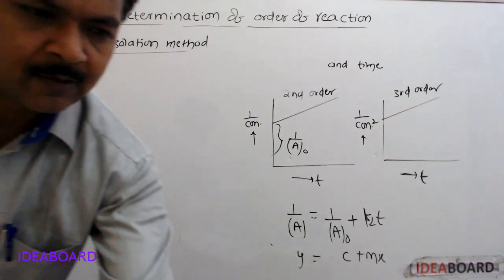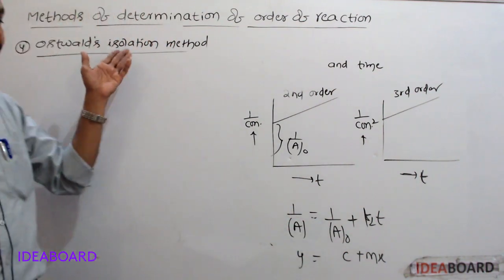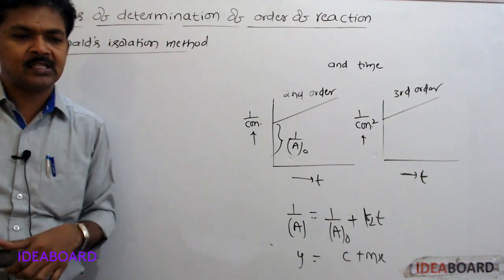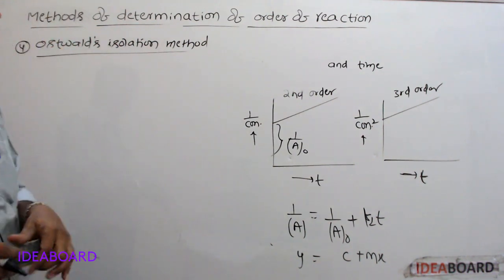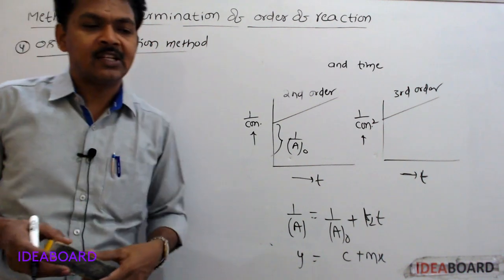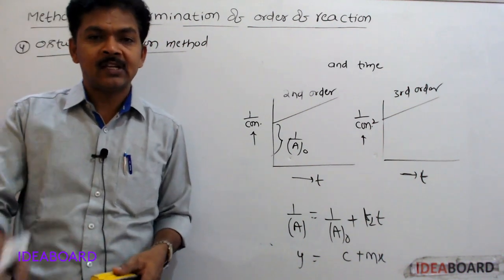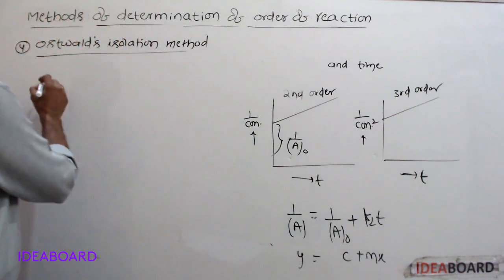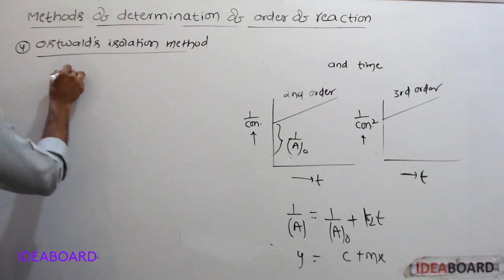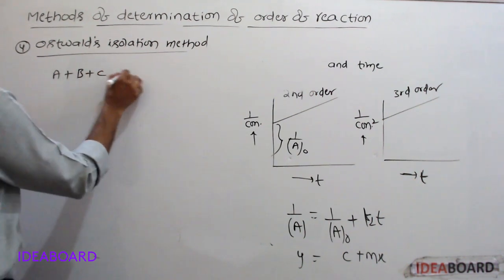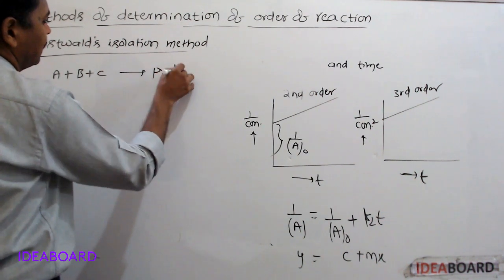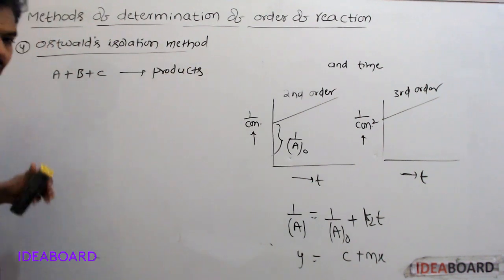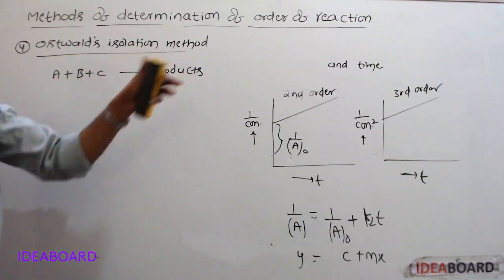In this method, the order of reaction with respect to each reactant can be determined. Suppose we take one reaction, A + B + C gives rise to products.